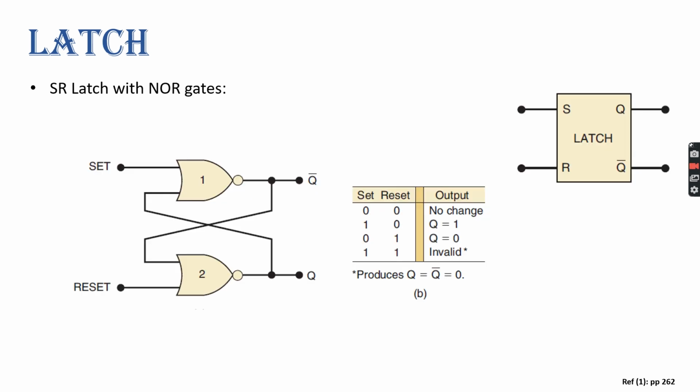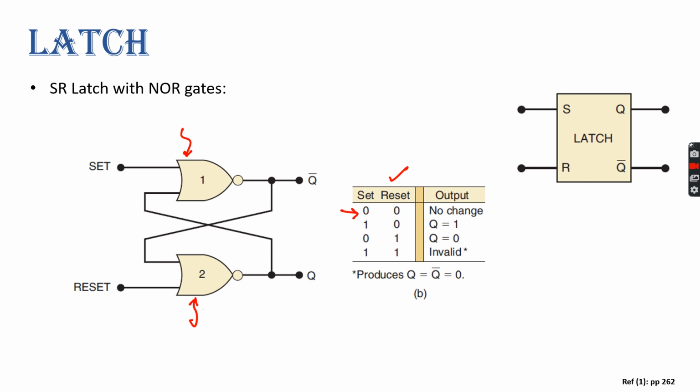Okay. So similar to the NAND gate, we can make an SR latch using two NOR gates as well. And for these NOR gates, the truth table that we get performs the same thing but for a different SR combination. For example, for the NAND gate, if you put 0 0, what was the output?